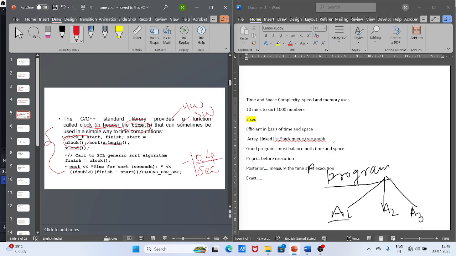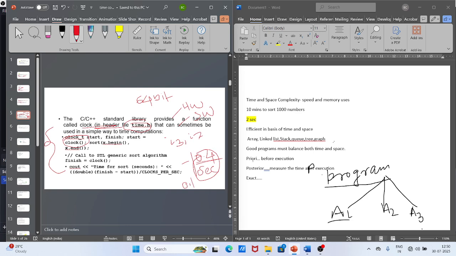If it is a 32-bit machine, now I change to 64-bit, or I just change the processor. If it is i3, now I change to i7. Obviously this time will decrease. Now this takes 0.1 second.